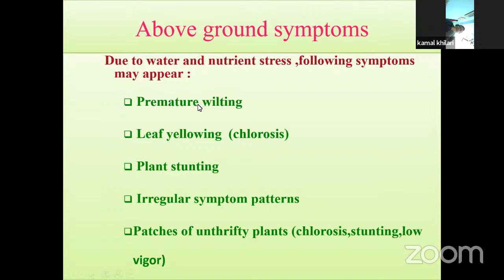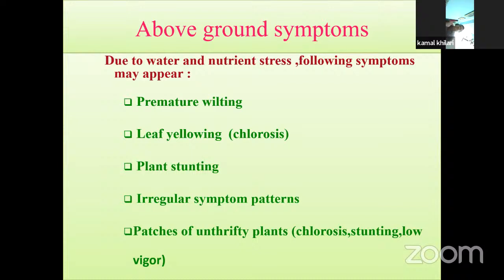in severe infestation there may be wilting, and then leaf yellowing. There may be yellowing of the leaves. Naturally, this nematode is drawing the nutrients from the plant.